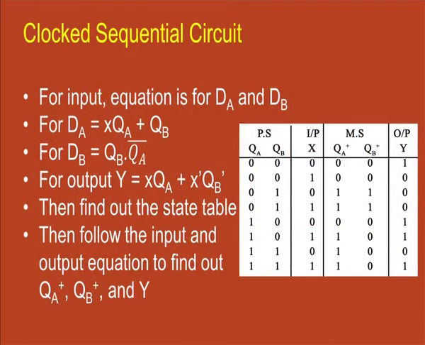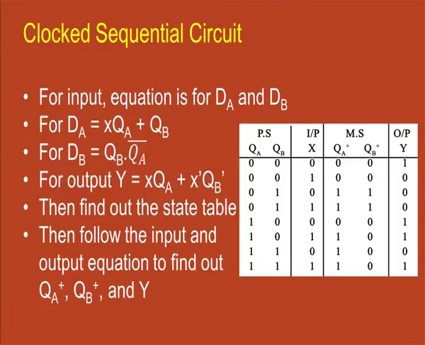Here in this example, the input equations are for dA and dB. For dA the expression is x dot qa plus qb, and for dB the expression is qb dot qa bar. Similarly, for the output the expression is y equal to x dot qa plus x prime dot qb prime. Once we know the expressions, we can find out the state table.